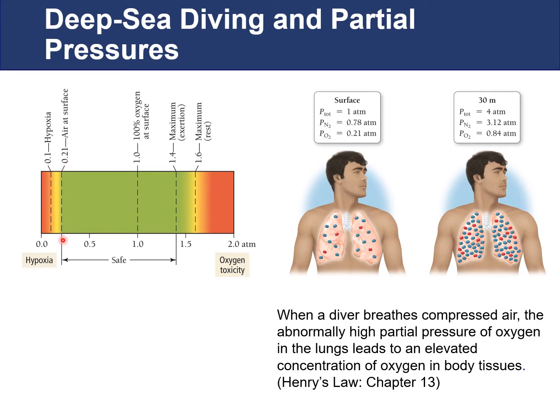The oxygen is perfectly fine. If you were to go mountain climbing, where the pressure decreases, the percent of oxygen in the air is the same, but the partial pressure goes down. By Henry's law, which relates gas pressure to how much gas gets dissolved in liquid, as the pressure goes down, the amount that's dissolved in the liquid goes down. So the amount that would dissolve in your blood goes down as the pressure goes down.